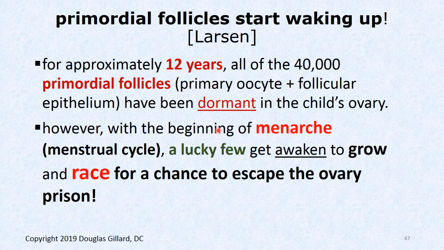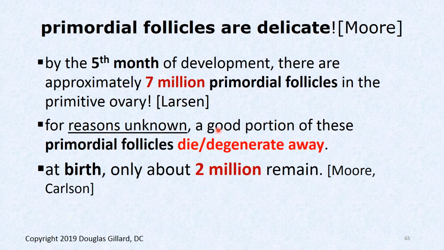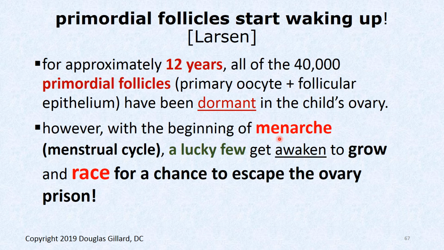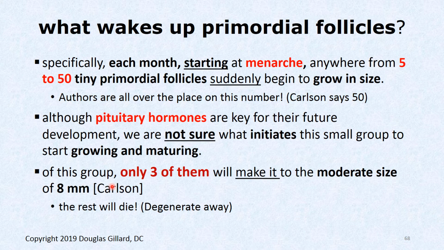The rest of these 7 million primordial follicles with a primary oocyte inside, those primary oocytes never leave the ovary. So it's very rare to get a chance to get out. But a few of them get out, and then those few are going to race to see who can develop first. One of them will be the winner. 3 of them will make it to the finals, but only one will be the winner.